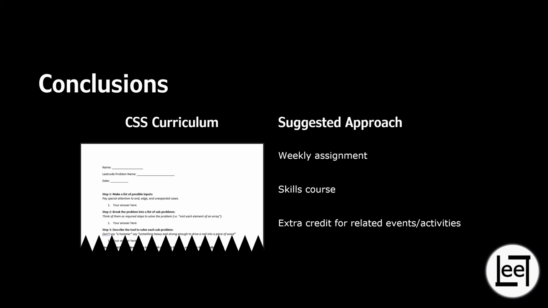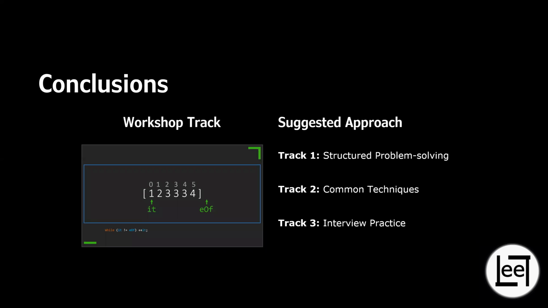Another option is to offer students incentives for attending related events and activities to encourage them to seek this knowledge themselves. For the workshop track, my suggestion is to separate it into 3 tracks, a sort of beginner, intermediate, and advanced course. The first would start with structured problem solving, much like it was shown in this presentation.